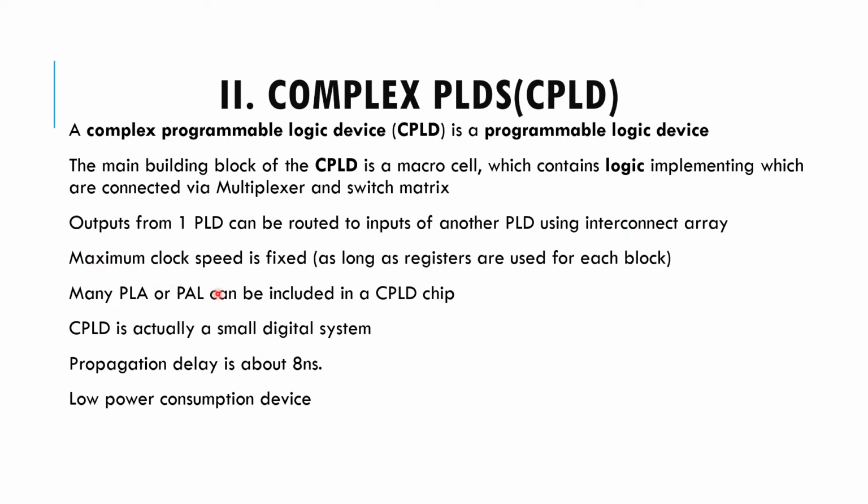The maximum speed of clock is fixed as long as the registers are used for each block. Right. So many PLA or PAL can be included in a CPLD chip. The CPLD is actually a small digital system. The propagation delay of it is about 8 nanoseconds and it is the most low power consumption device.